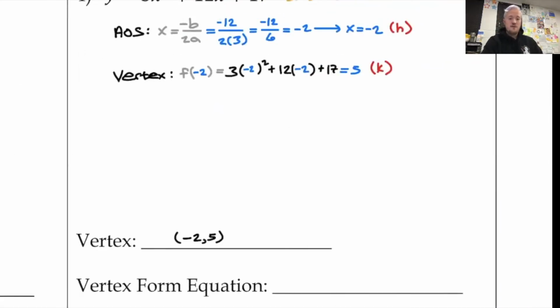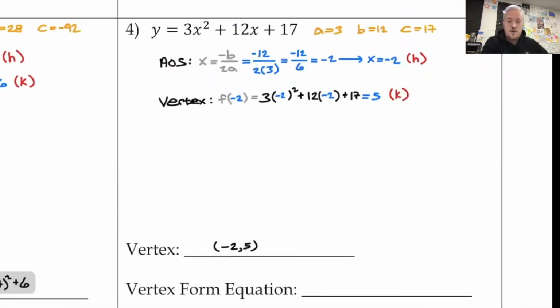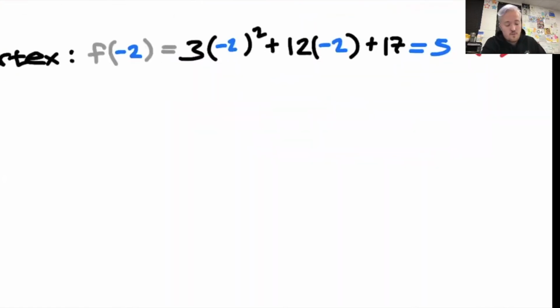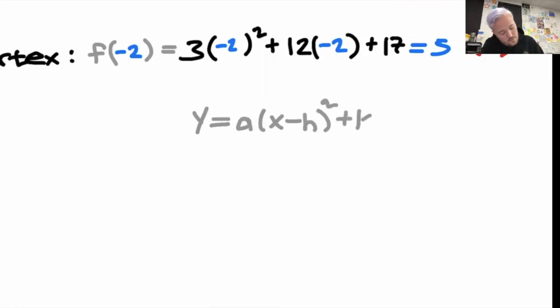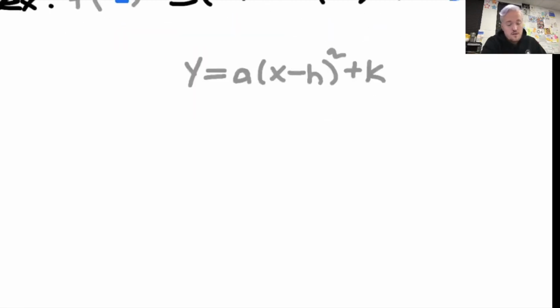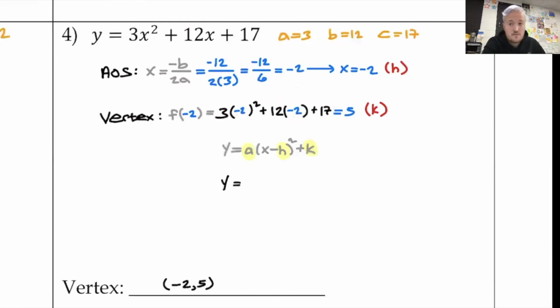All right. So now we need to go ahead and write the vertex form. So y equals a parentheses x minus h all squared plus k. We're looking for our a, h, and k's. So we have an a value of positive 3.